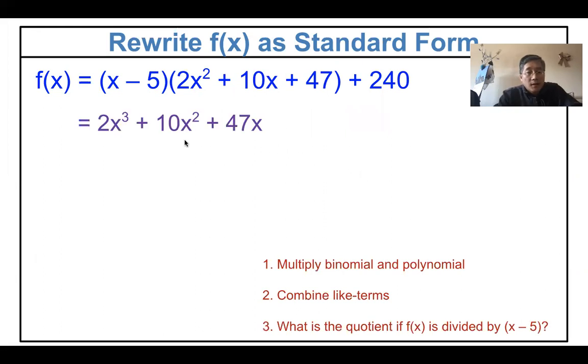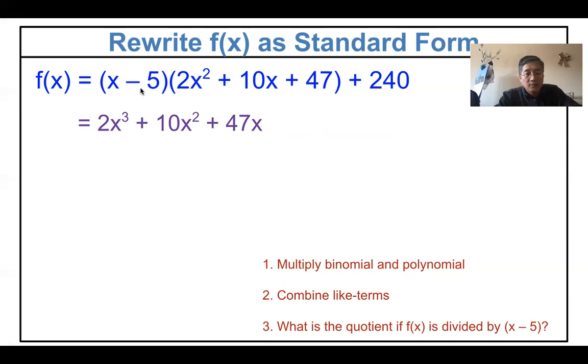So how do we do this? x times 2x squared will be 2x cubed, right? And then x times 10x will be 10x squared. And x times 47 will be 47x. So if you are done with the x, now we move to the negative 5, right?